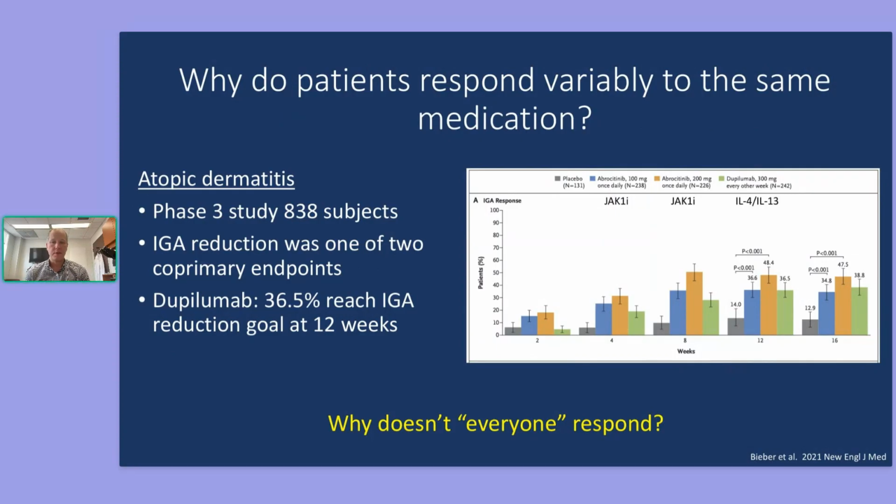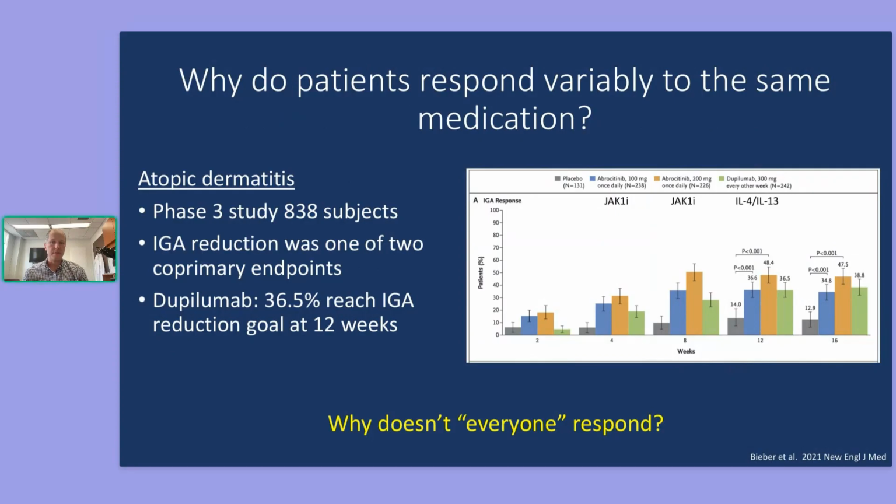I think this is well illustrated by this phase 3 study of a large number of patients with eczema or atopic dermatitis. The outcome, IGA reduction, is just improvement in their skin disease. But what we look at here is two things. One, only about 36.5% of patients actually reach the primary outcome. So why isn't it 100% if these patients all have the same disease?